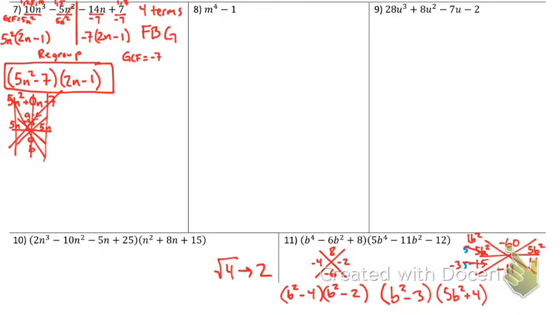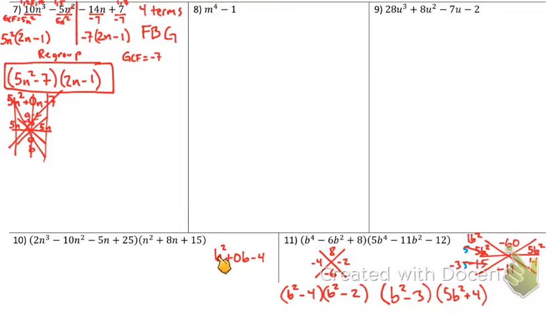Okay? So let's factor the first guy further because it's a quadratic, power of 2. He's square rootable. He's square root of 4 is 2, and we have subtraction. So let's turn this guy into the quadratic pattern. So I'm going to do the work here. So it's going to look like this. B squared plus 0b minus 4.